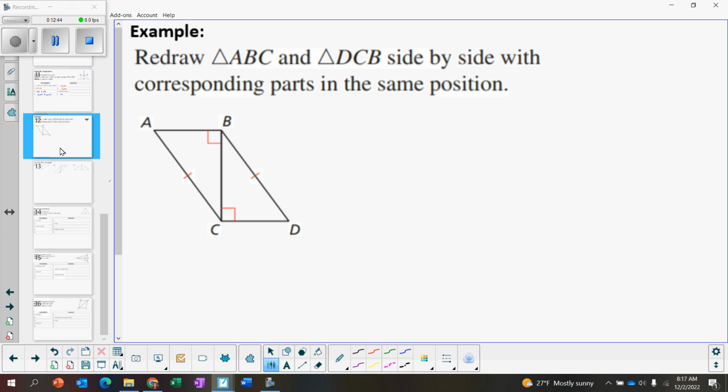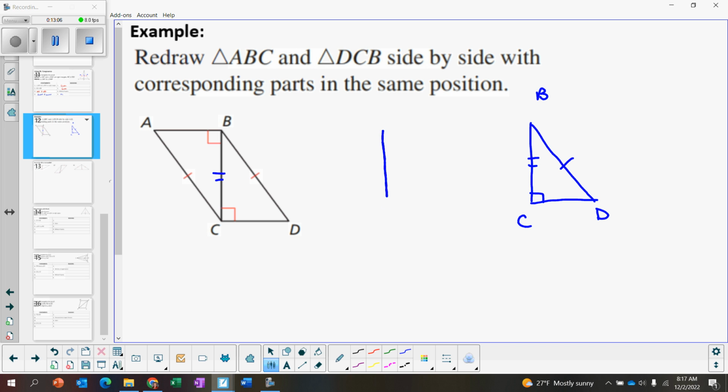So we're going to redraw triangle ABC and DCB side by side, corresponding parts in the same position. I'm going to keep triangle BCD the way it is, because I'm used to seeing right triangles. So B, C, D, that mark there, and we technically knew this was right.